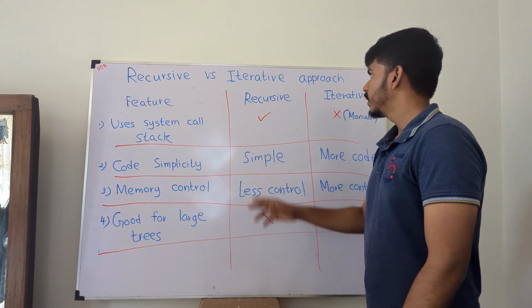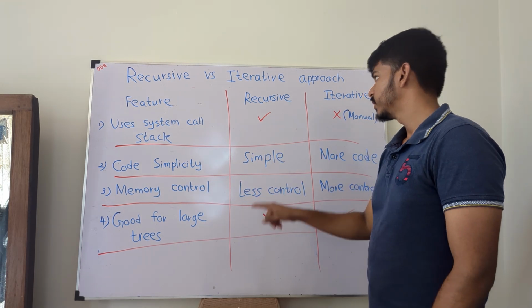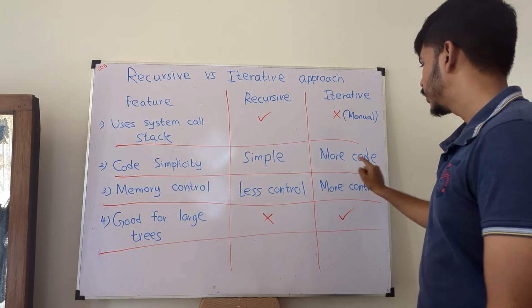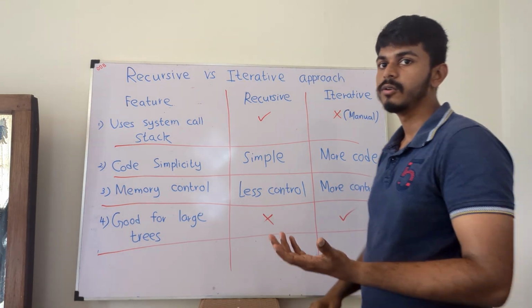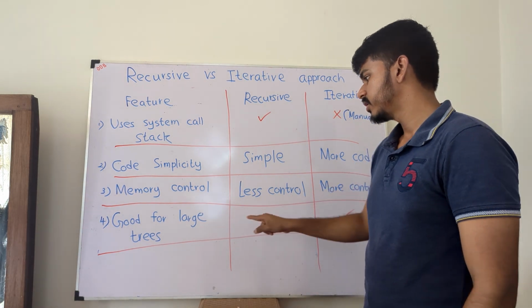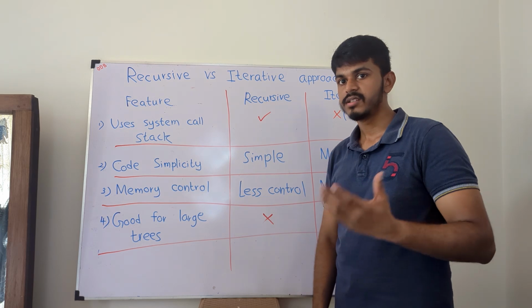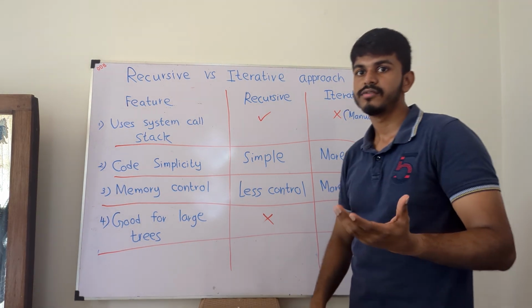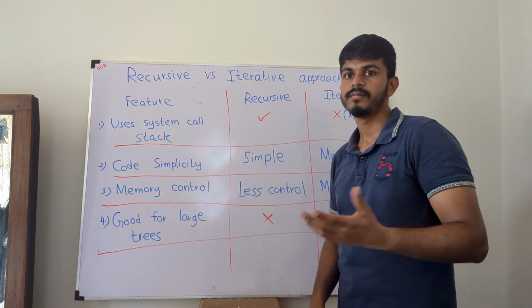Memory control wise, the recursive one has less control, the iterative one has more control since we are manually controlling the stack. The recursive one is not good for large trees because it has the risk of stack overflow, but the iterative one is much safer for large tree traversal.